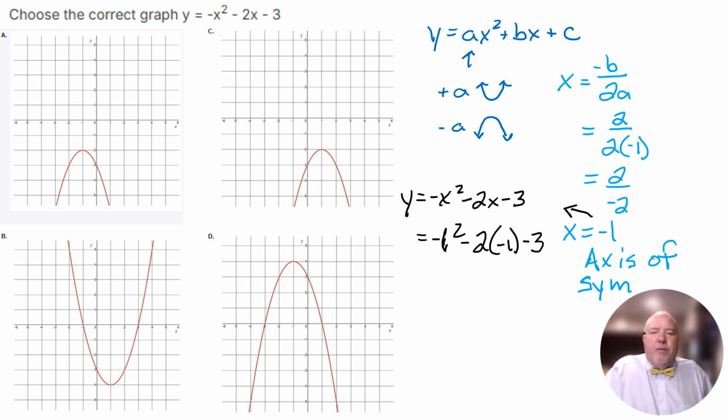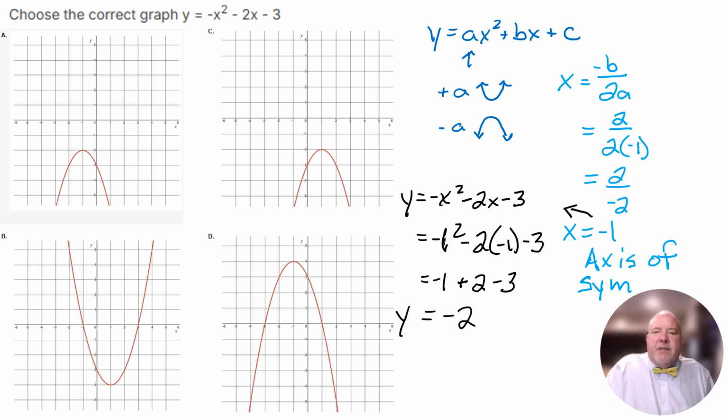Now, be careful with this here. There are not parentheses around this. So this is x squared, and then you multiply it times negative 1. So you're not squaring the negative sign. So I'm going to do 1 squared, and then it's going to become negative. So that's going to be negative 1. And then I have minus 2 times negative 1. So that's going to be plus 2, a negative times a negative, and then minus 3. So this comes out to negative 2.